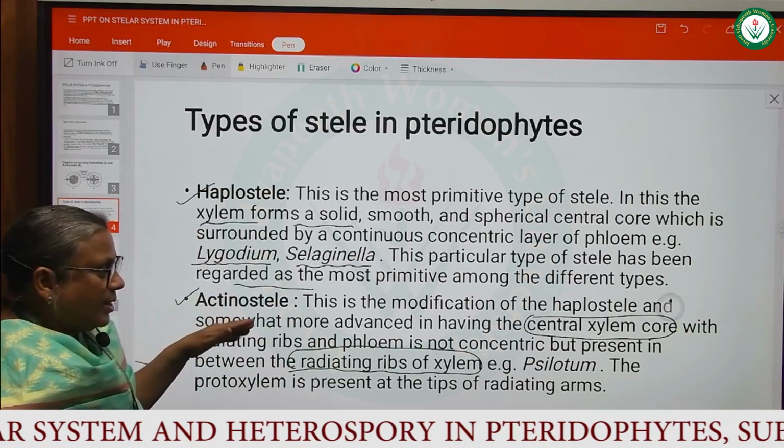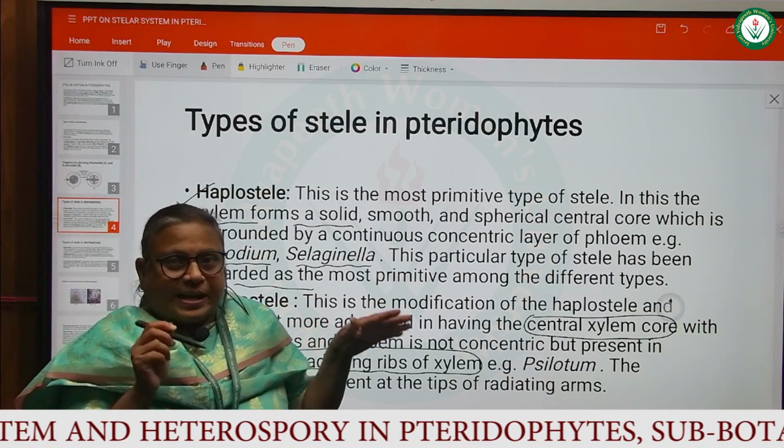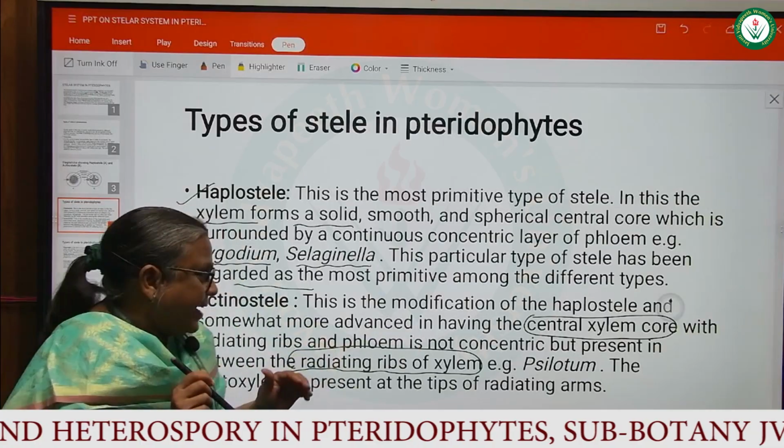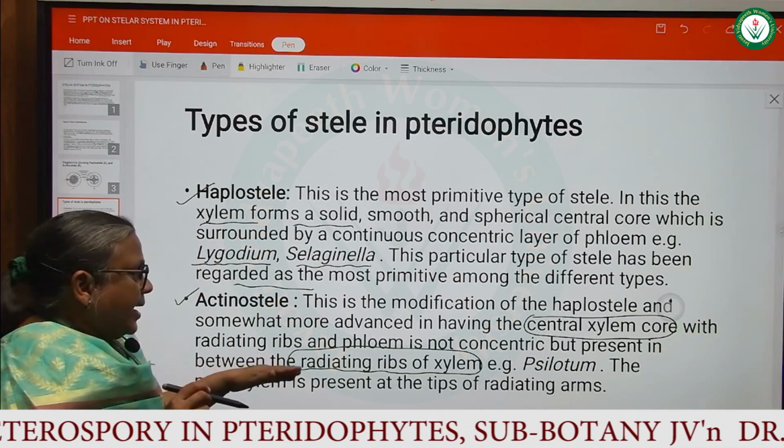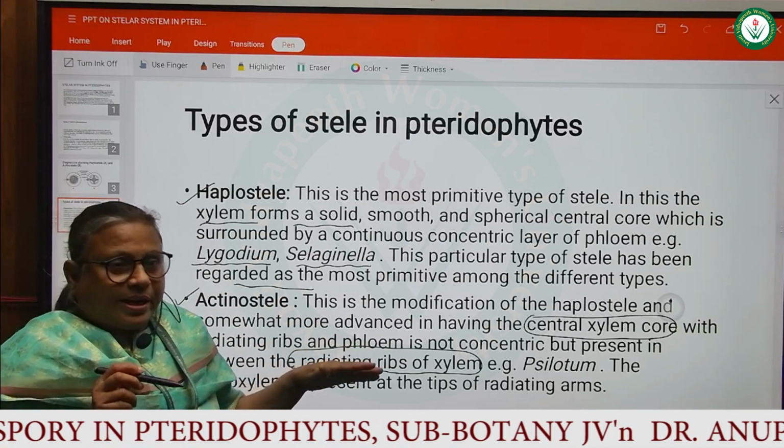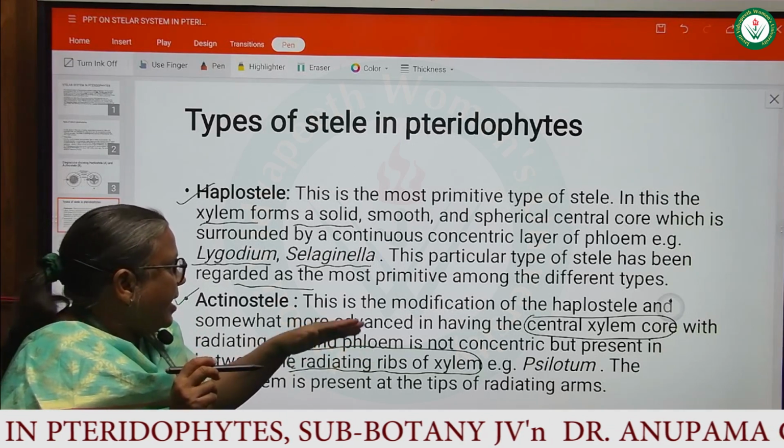So actinostele can be seen in Psilotum, which is a pteridophyte, and the protoxylem is present at the tips of the radiating arms.